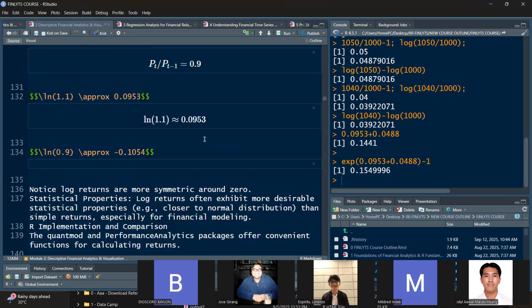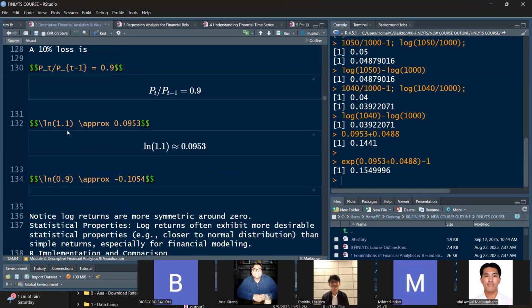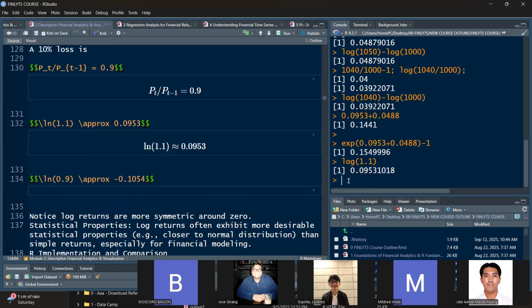All right, so here it just tells us that ln of 1.1, the log of 1.1, is 0.0953.